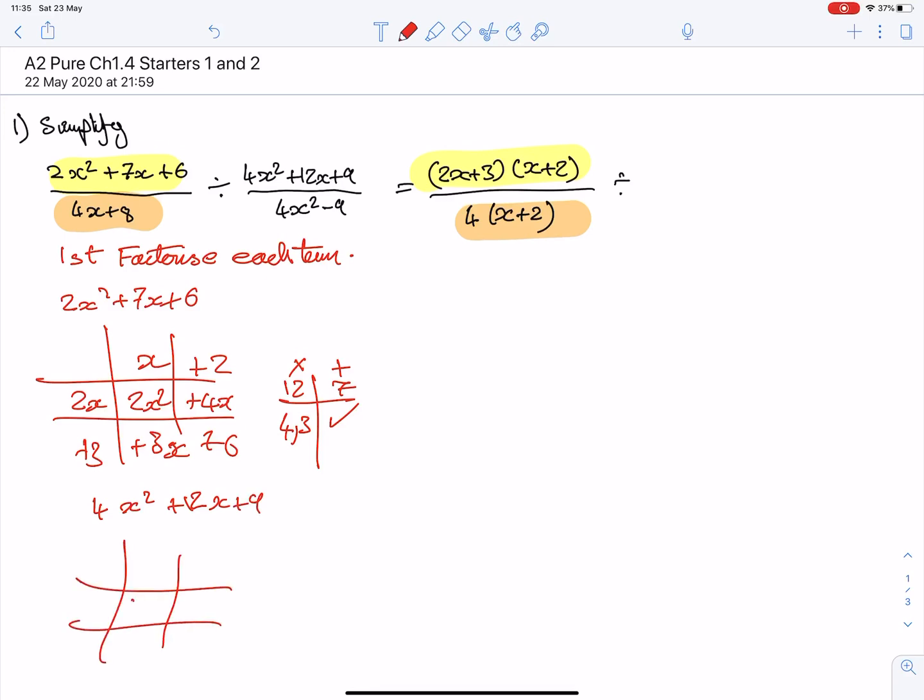So use the grid, 4x squared and 9. So it's going to multiply to give 36 and add to give 12. Well, that looks like 6 and 6. So plus 6x plus 6x, take out a factor of 2x, 2x plus 3, plus 3.